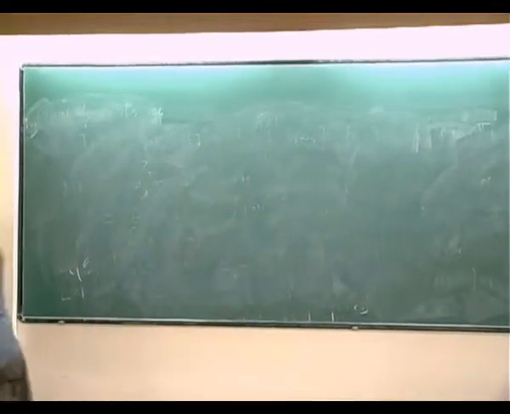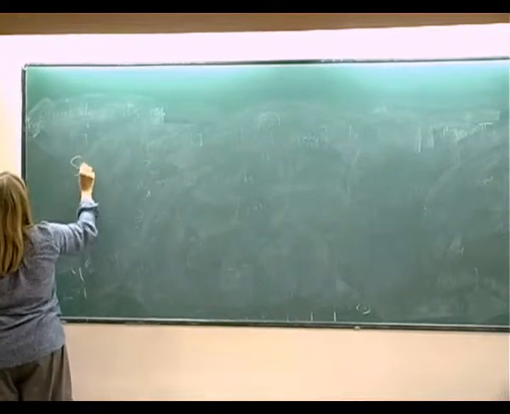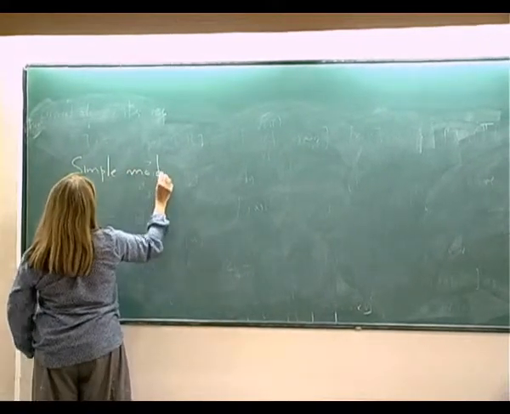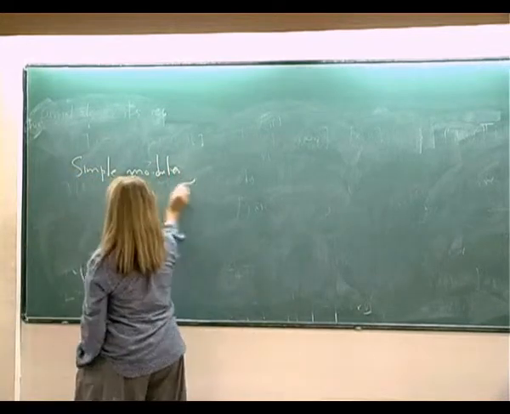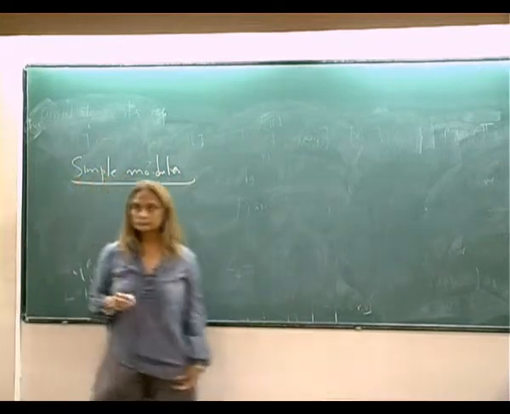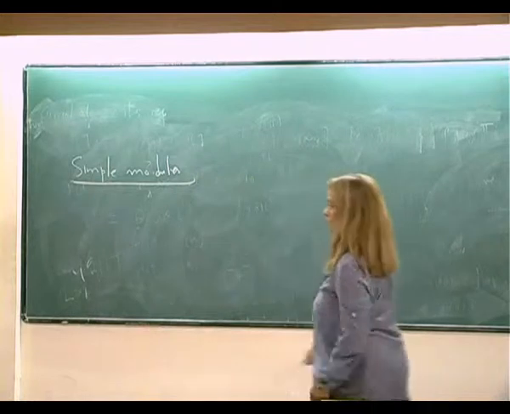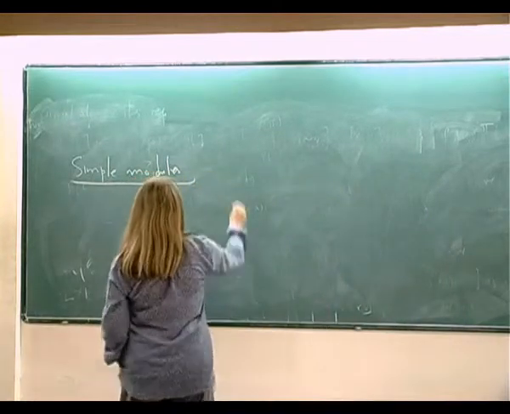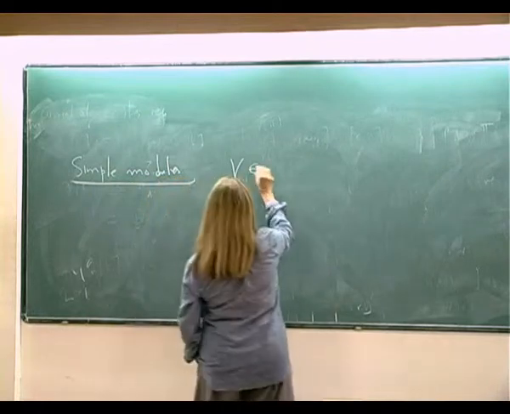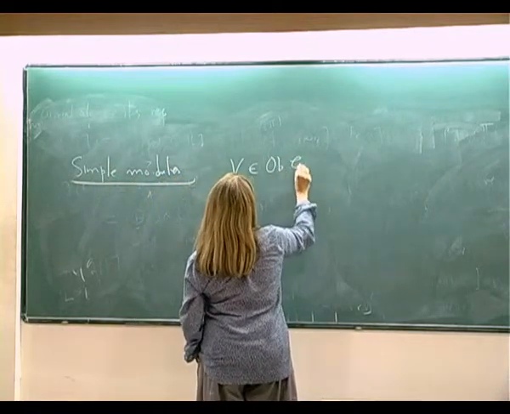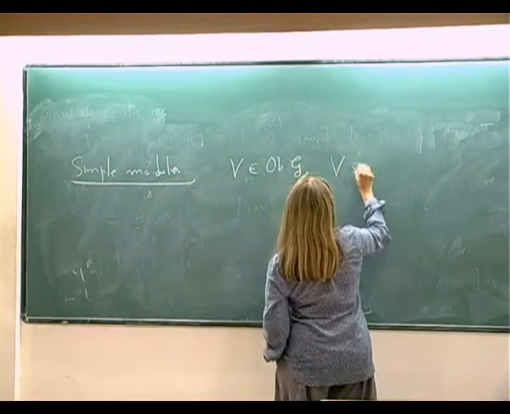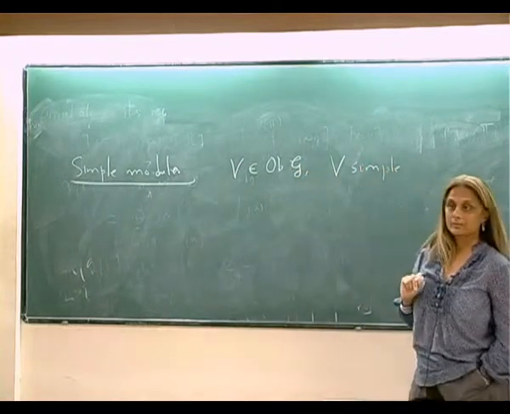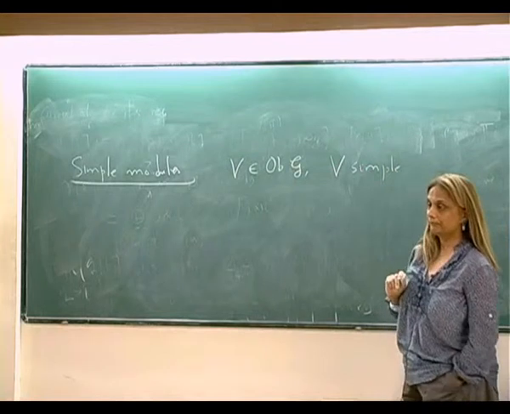So what are our simple modules in this category? How would we write down the simple module in this category? So supposing V is an object of G, and V is simple. What is the standard trick that you play when you work in this thing?